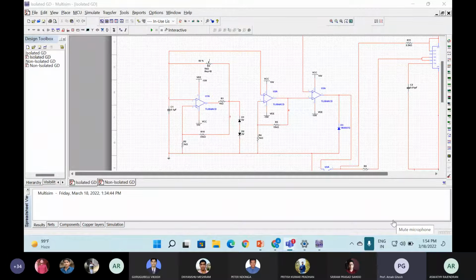Just a moment. You are telling that the first op-amp is giving you the square wave. Okay. Can you please check the output of the first op-amp? You have the oscilloscope. Please take an oscilloscope. Just a second.